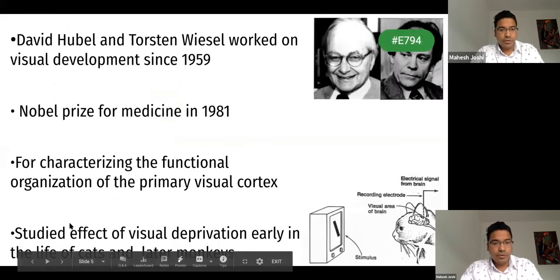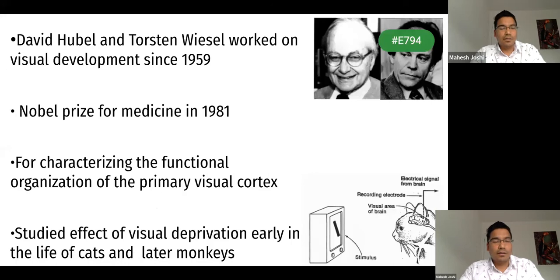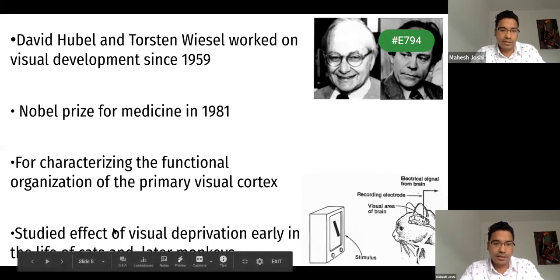I just wanted to go through the research of how amblyopia came to the forefront in the field of research. Hubel and Wiesel are the primary people in vision science who researched the effect of visual deprivation, firstly in the cat model, then in the primate model in monkeys, and they also won the Nobel Prize for Medicine in 1981.